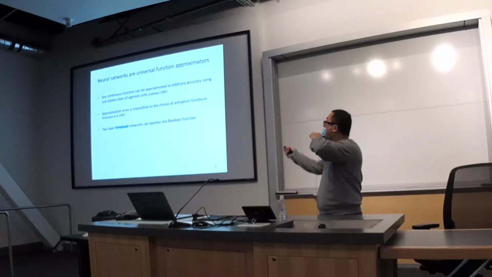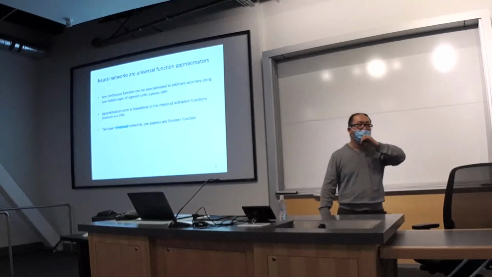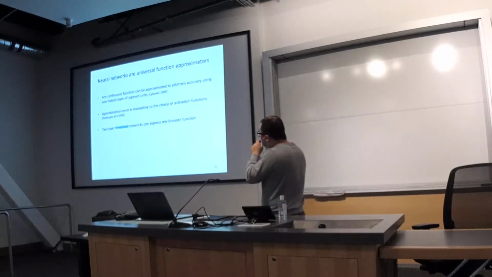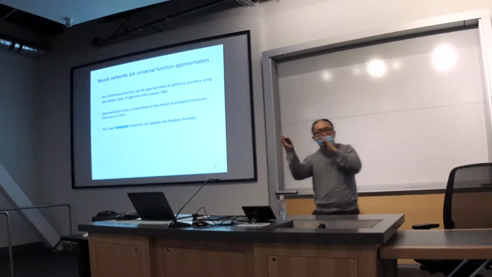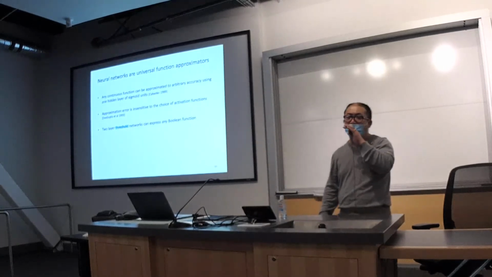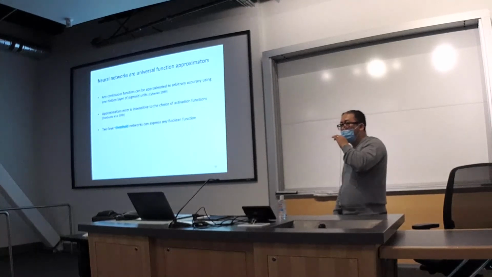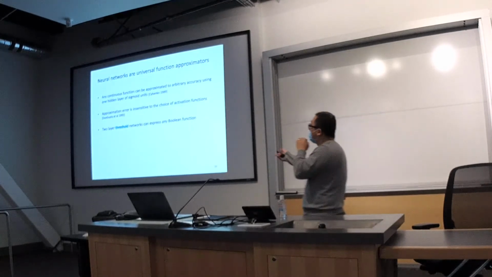This is a very famous theorem, called the universal approximation theorem. And this approximation result is insensitive to the choice of activation functions. Namely, if you switch to other commonly used activation functions like tanh, you get the same result. So it's some kind of magic power underlying neural networks.